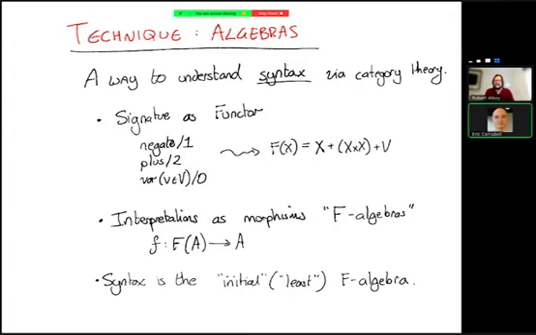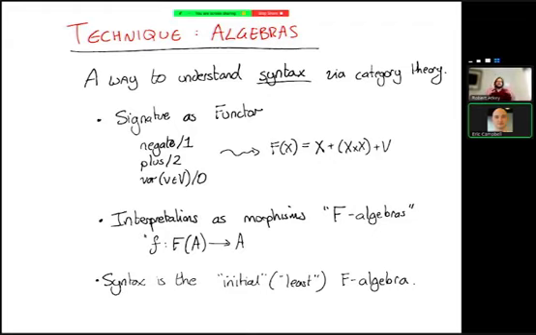So one technique is algebras. It's one way to understand syntax via category theory. If we have a signature of some kind of syntax, so we have negate, and I'm using Prolog notation here, so negate is arity 1, plus is arity 2, and we have v many variables, var arity 0, we can turn this into a functor. We can think of a functor as something that takes sets to sets. And so this gives us X plus X times X plus V, that is X for negation, X times X for plus, and V for variables. And then we can think of interpretations as morphisms.